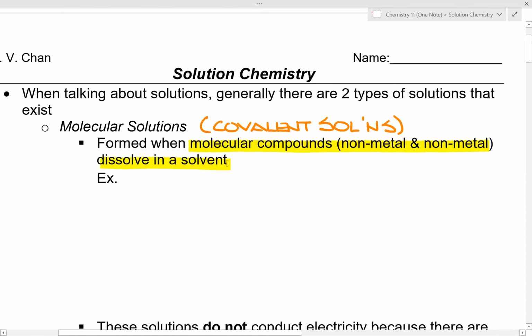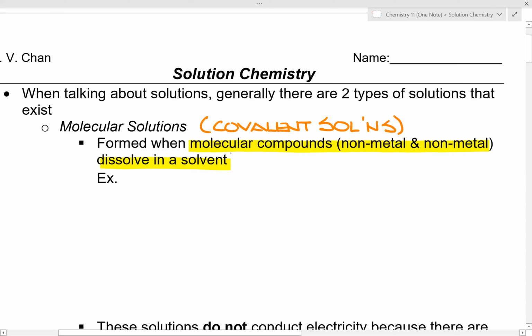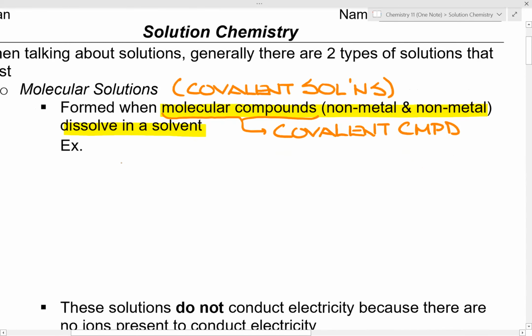Now, another name for molecular compounds, in this case, would be covalent compound. Now, an example of a covalent compound would be something like sugar.